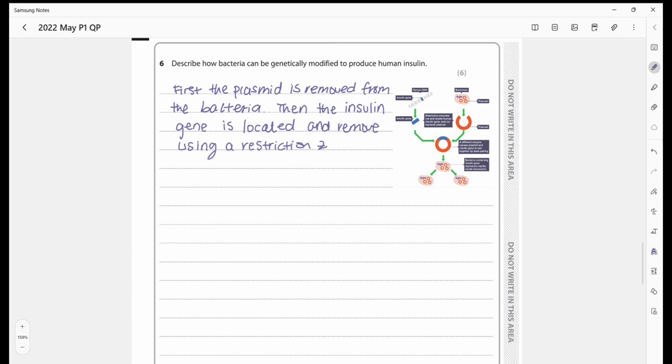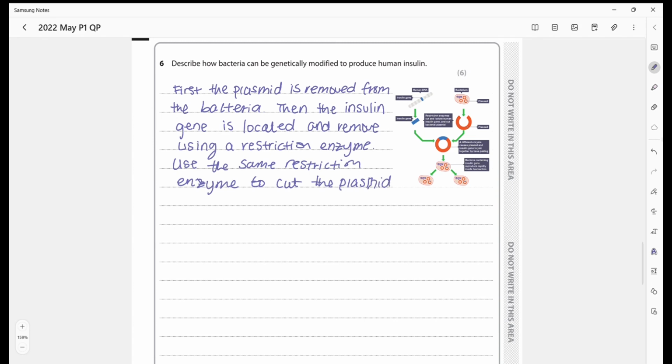Restriction enzyme. Okay, now you would use the same restriction enzyme to cut the plasmid as well. So use the same restriction enzyme to cut the plasmid.